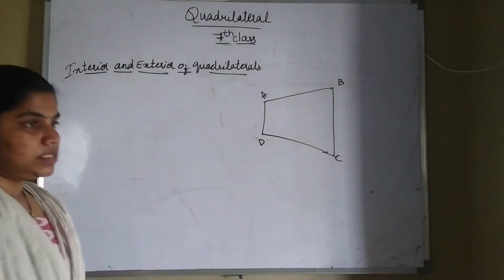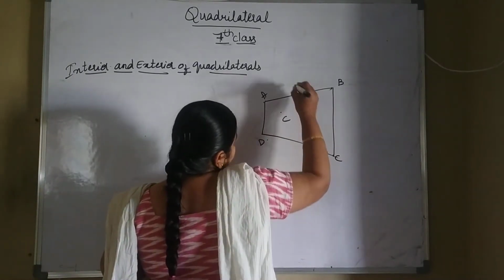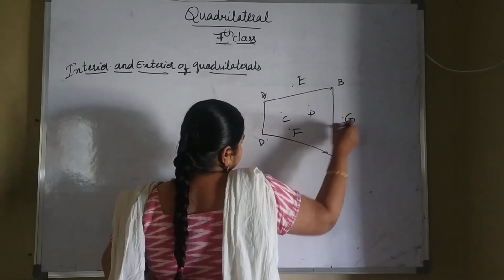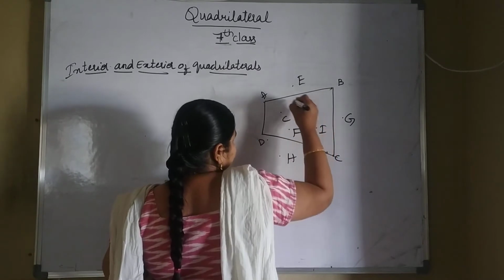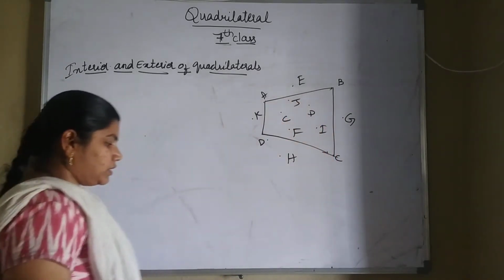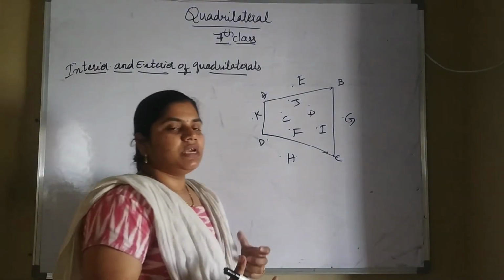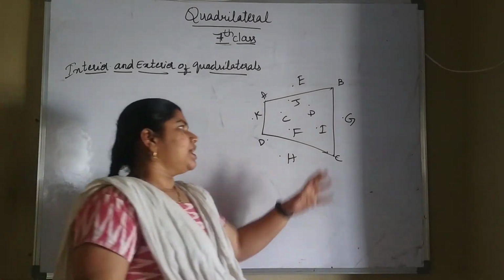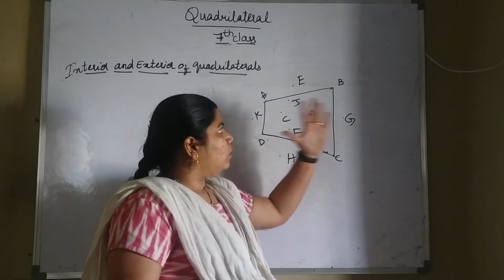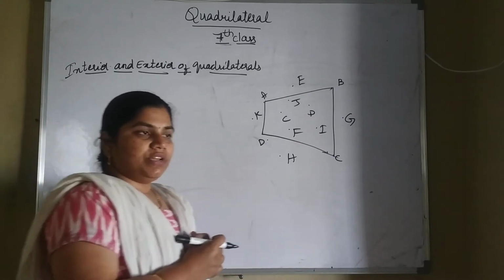In this quadrilateral I am marking some points. These are the points. So what do you mean by interior? Interior means the points which are lying inside the quadrilateral, and the points which are lying outside of the quadrilateral, we will call exterior points.